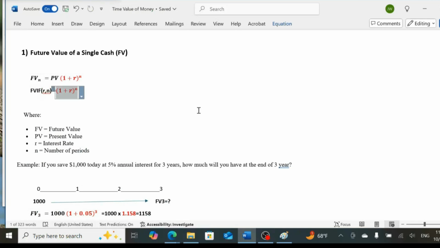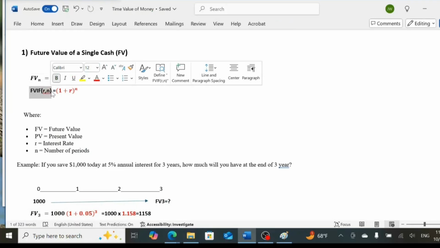It is like an exchange rate, enabling us to exchange today's dollar into a future equivalent amount. I have a table for this posted in Canvas, the time value of money table. The first table is the future value interest factor table.